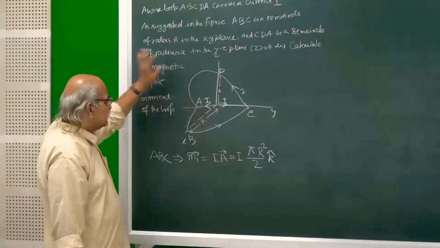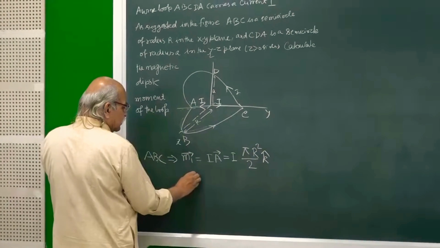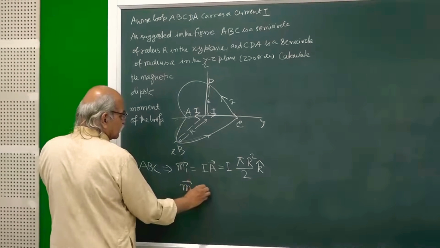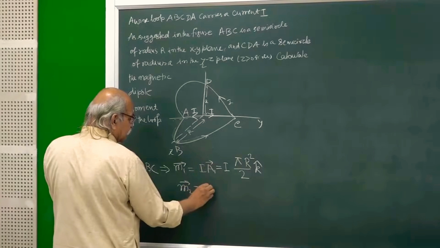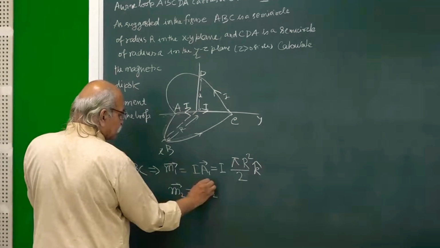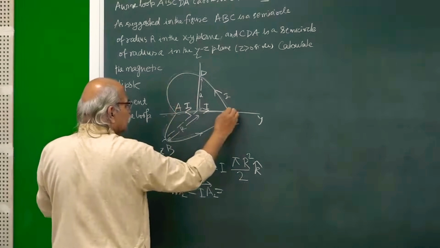Now, M2 is I A2. This semicircle goes from here to here and then closes.